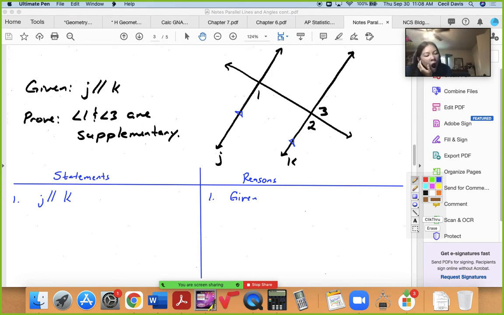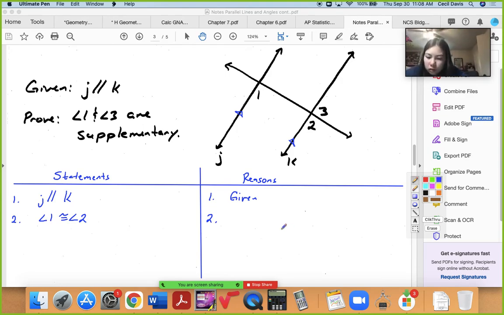Yes, ma'am. 1 and 2 are corresponding. So that's true. And because that's true, what conclusion can we make? That 1 and 2 are congruent. They're congruent. Yeah. The statements are always going to be about relationships. Okay? So we can start by saying that angle 1 is congruent to angle 2.